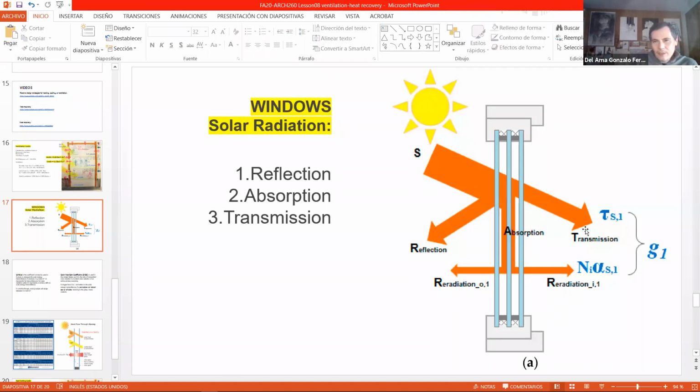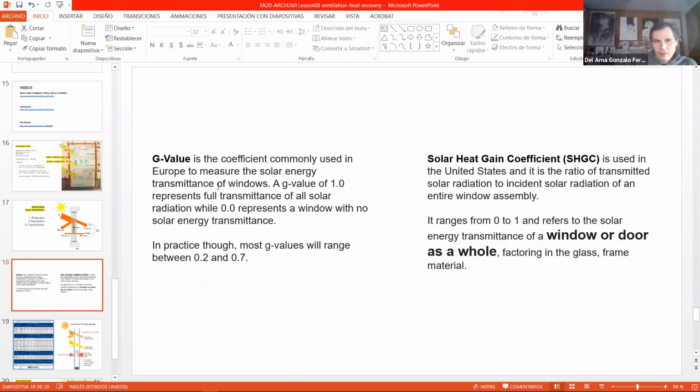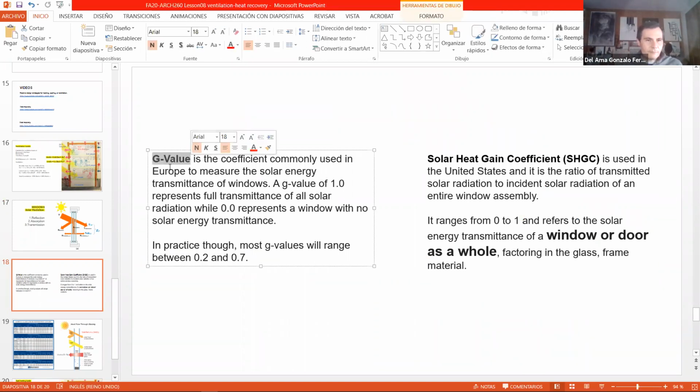And now there's a parameter that deals with this transmission. There are 2 parameters, actually. One of them is the G value, and the other one is the solar heat gain coefficient. Okay, so if you go over glass catalogs, there will be some catalogs that have a G value or a solar heat gain coefficient. What's the difference?